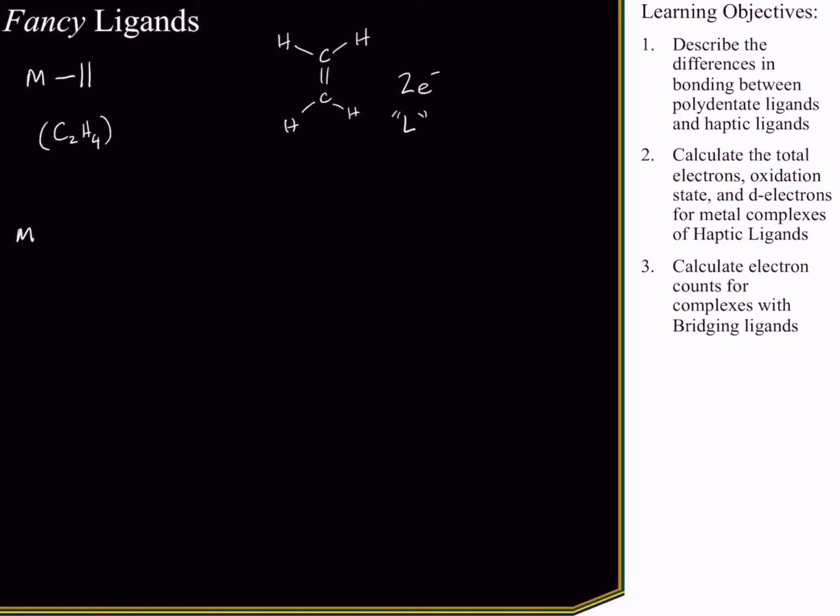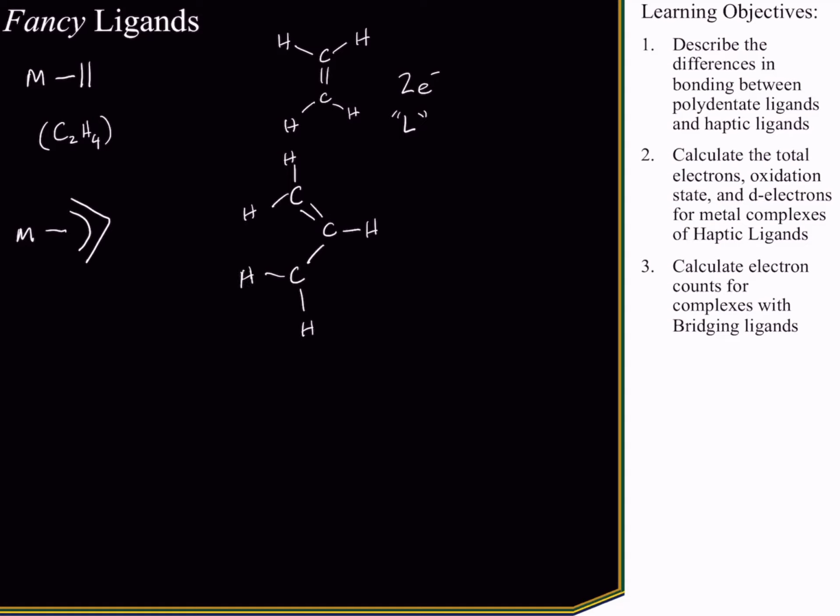A metal could be bound to 3 carbons. I'm going to use this arc to say the pi system of 3 carbons. Well, what on earth does a pi system for 3 carbons look like? Well, we would have carbon, carbon, carbon with 2 hydrogens, 1 hydrogen, and 2 hydrogens. So this is all in conjugation.